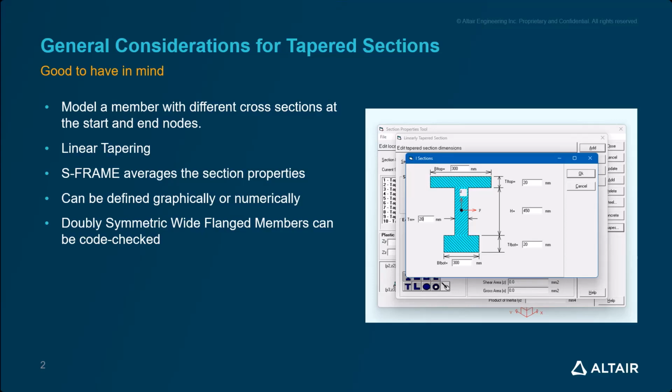The other part is that S-Frame averages the section properties. That means it basically takes the average point, so you may not have the most detailed information unless you detail a bit more about that modeling, and that's something we are going to show during this short lecture.